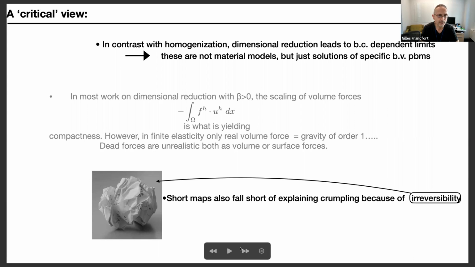Gilles, I have a question. So maybe it's more about the membrane model. The short maps not being visible. I'm thinking about this problem of a stretched thin sheet with wrinkling, and there seem to be two things going on.